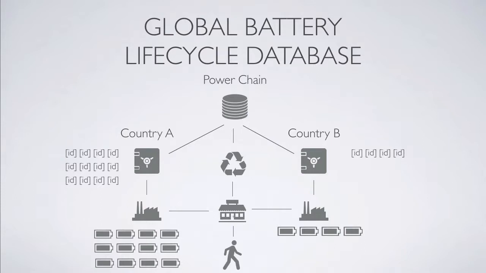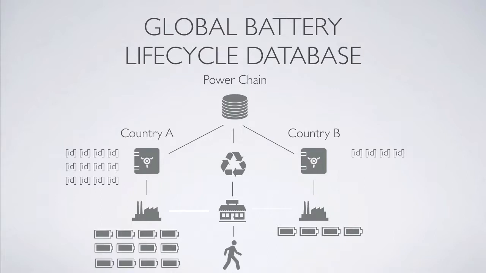So one model for how this could work is country A can assign identifiers to each of the batteries that are manufactured in that country, and country B assigns its own set of identifiers, and there's more because there are more batteries in that country. And then now all of these batteries are represented in the same database. So we have a person at the very bottom of the picture.